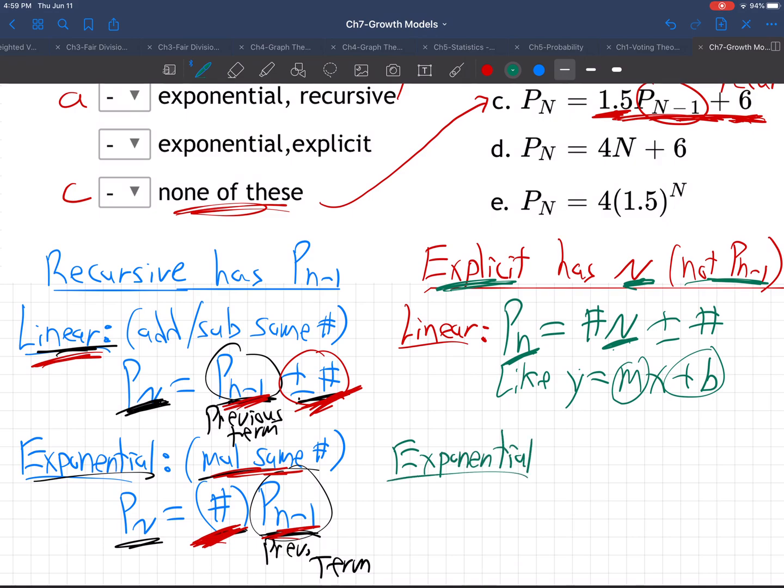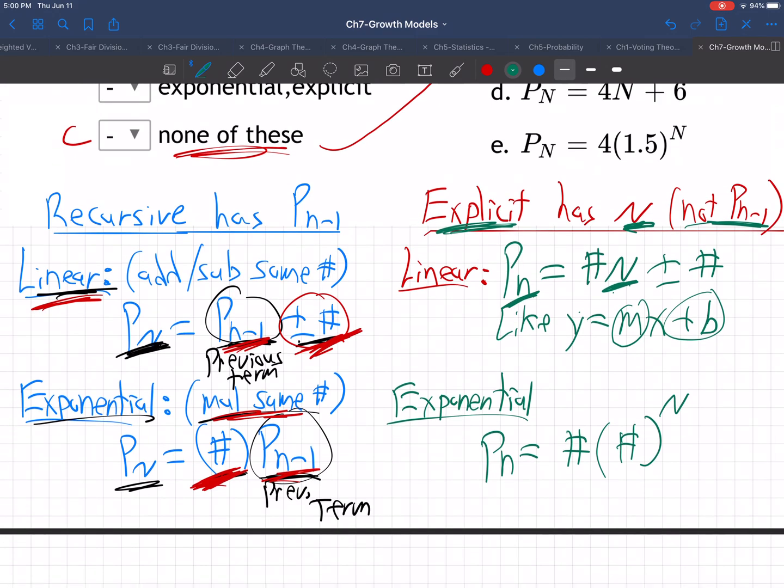An exponential equation has a number in the front and another number with n up in the power. So exponential, the n is in the power, in the explicit version of the exponential.